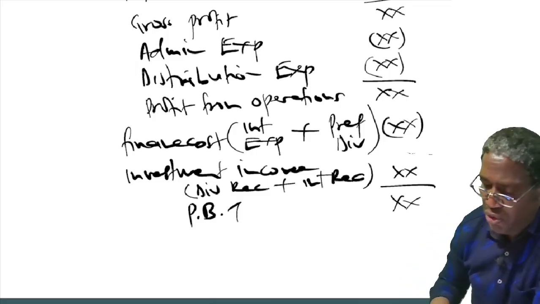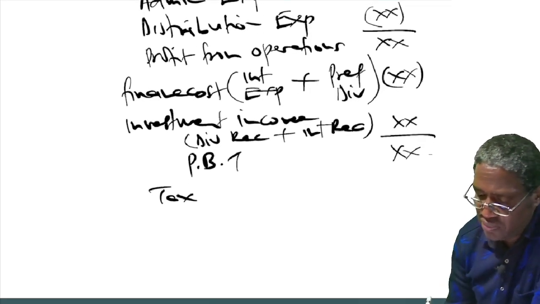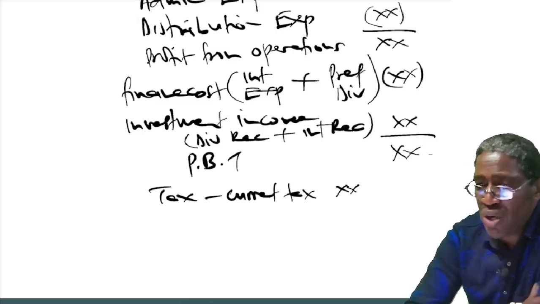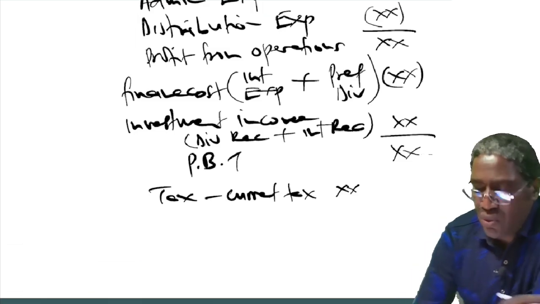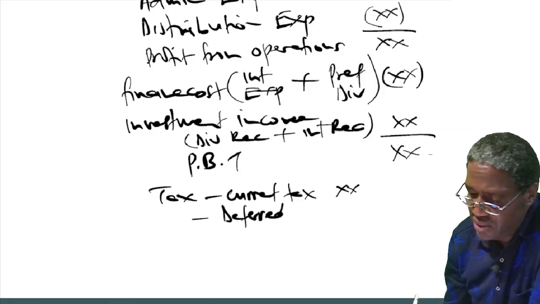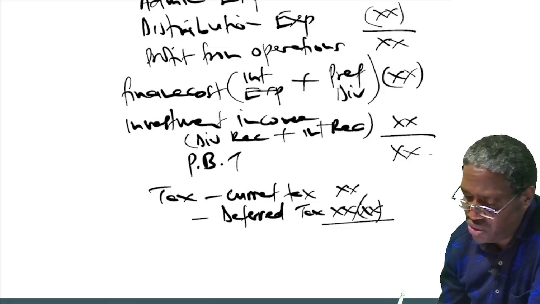Once you get the profit before tax, we said you now come to tax. We said there are two components that could be there: current tax, or what some books will call corporation tax. We said you adjust it with the amount of the deferred tax. I told you you either add or subtract depending on the question.